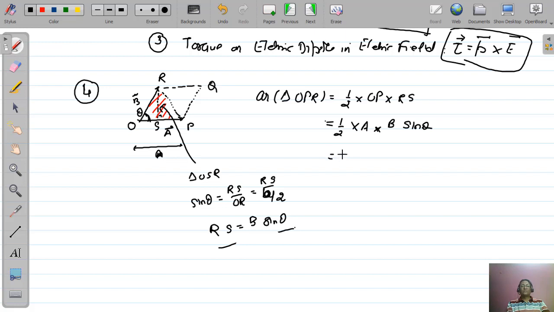So we can write it as half of AB sine theta, which is half the magnitude of vector A cross B. This is the area of the triangle OPR.